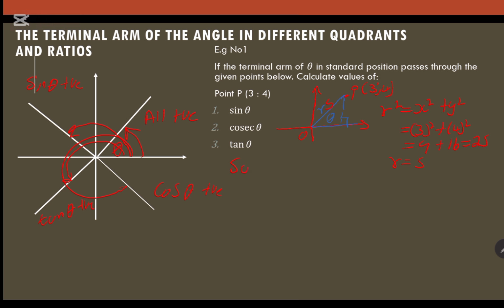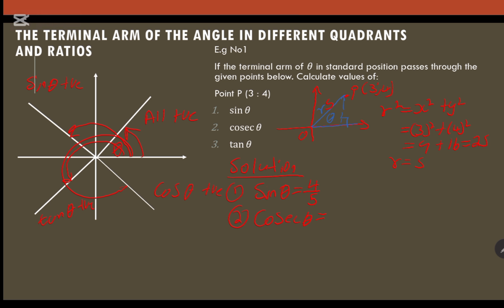Solution. Question 1. Sine theta. Sine theta is equal to y over r. That is 4 over 5. Now, question 2 says cosec theta. Cosec theta is the reciprocal of sine theta.